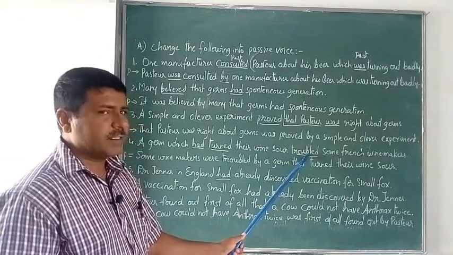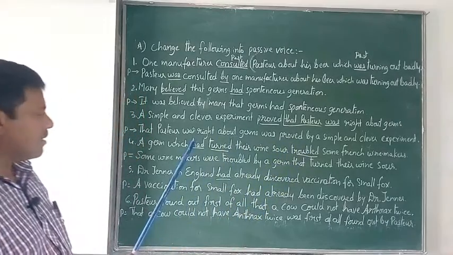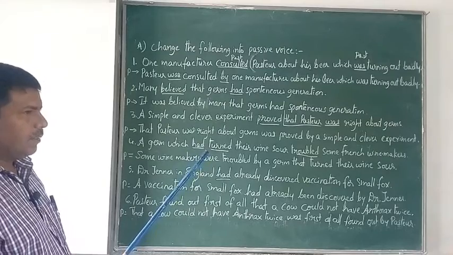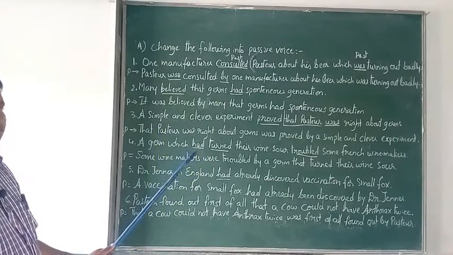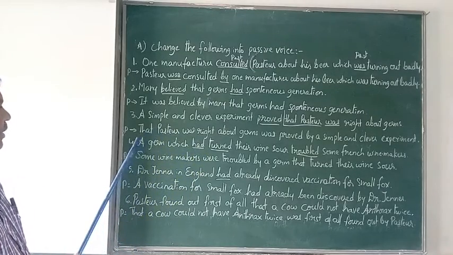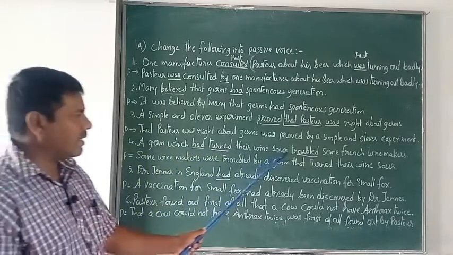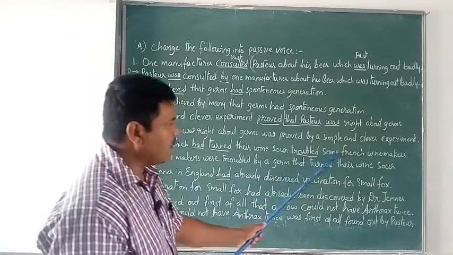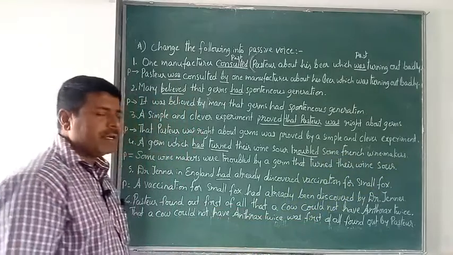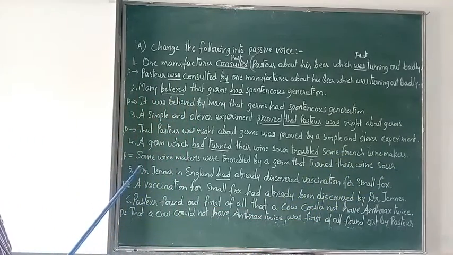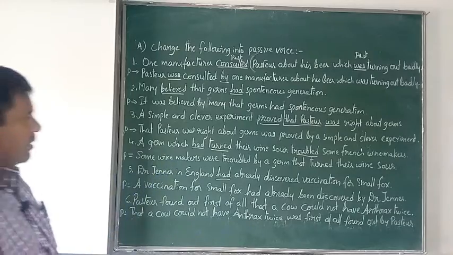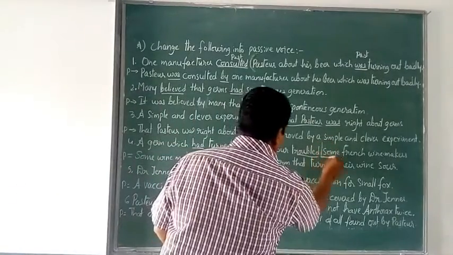Trouble is a simple present. Has is simple. Understood? But here "turned" is past. So it is: germs which had turned their wine sour troubled some French winemakers. It becomes like this: some French winemakers, let's check here, the clause becomes a subject.